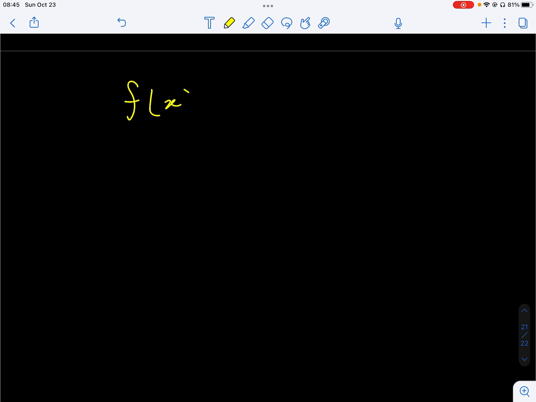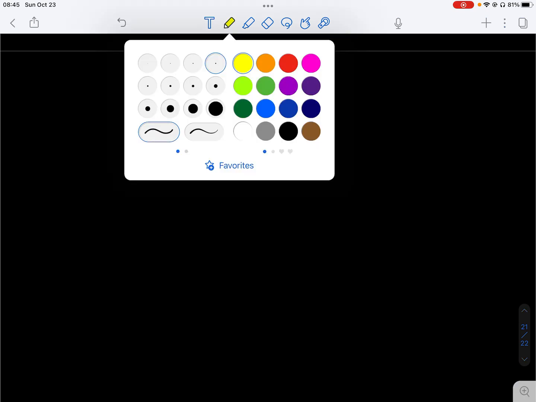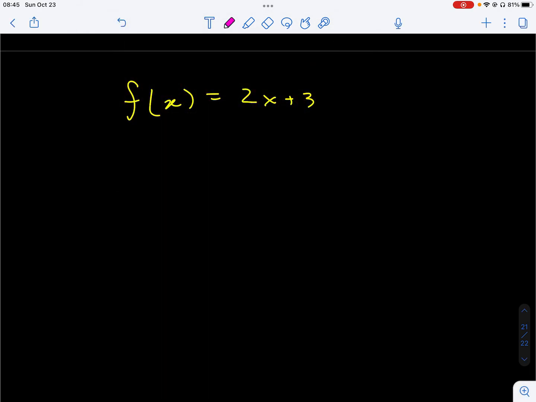So imagine your function again. Let's just use the first example. So we have 2x plus 3. What if I want to modify this equation, and keep track of the fact that I am modifying this equation? Well, what are some modifications that I could do?